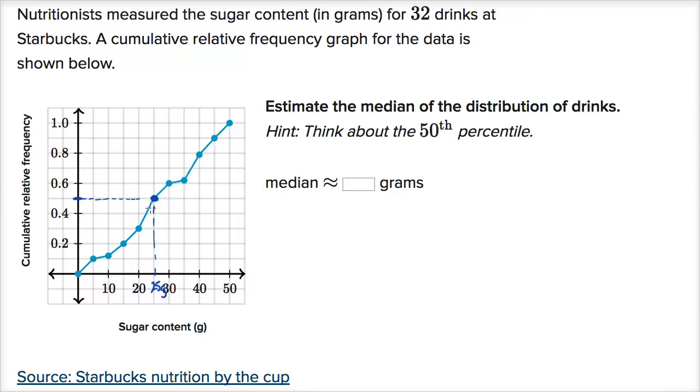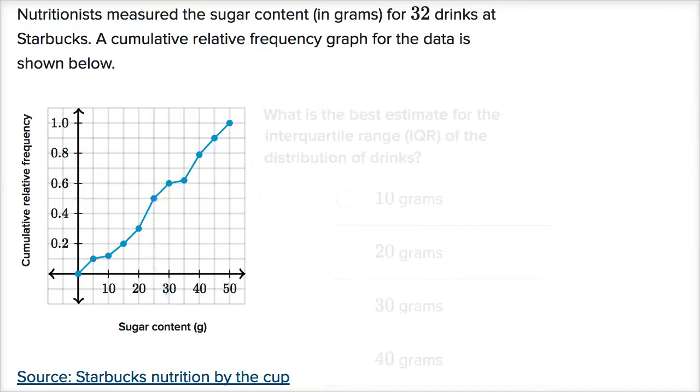This looks like a pretty good estimate for the median, for the middle data point. So the median is approximately 25 grams, meaning half of the drinks have 25 grams or less of sugar. Let's do one more based on the same data set.